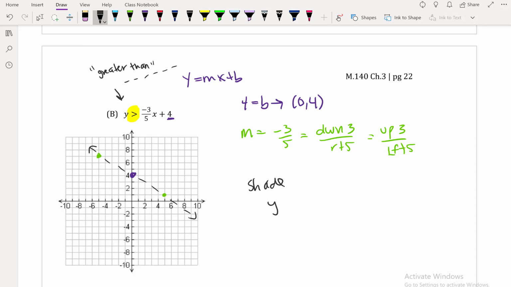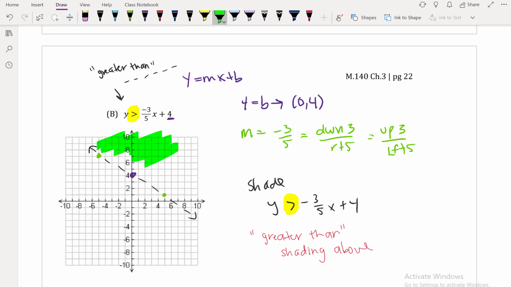So here I have y is greater than negative 3/5 x plus 4. So I want to be careful about what this is saying. This is greater than. So if it's greater than, then I'm going to be shading above. So since I'm going to be shading above, that's going to be here. That's above the line.